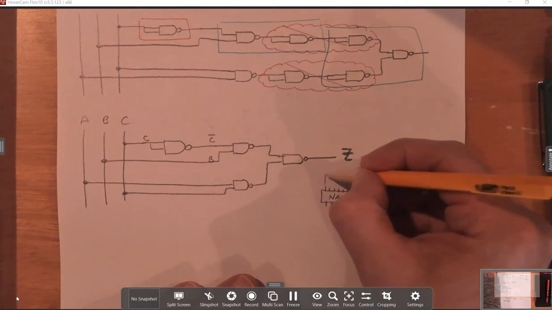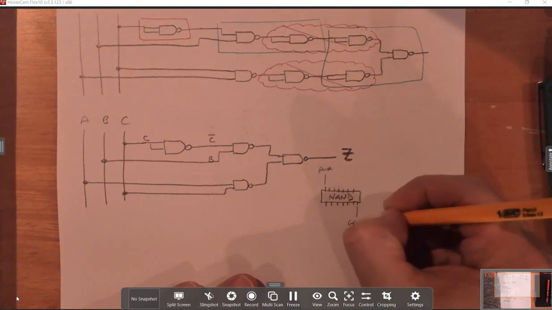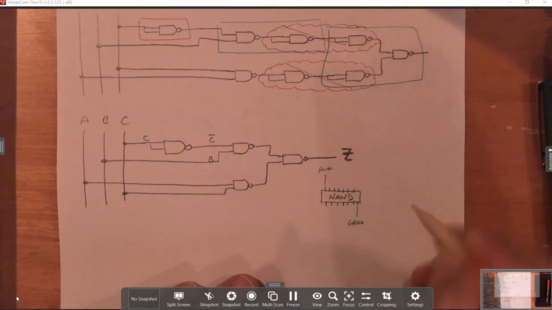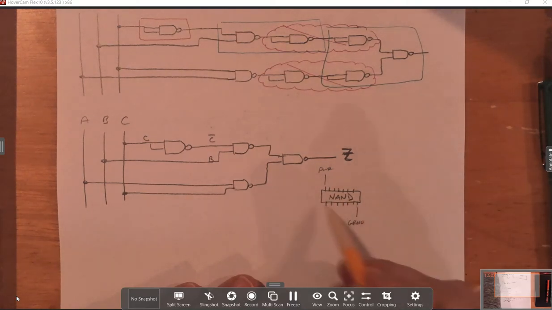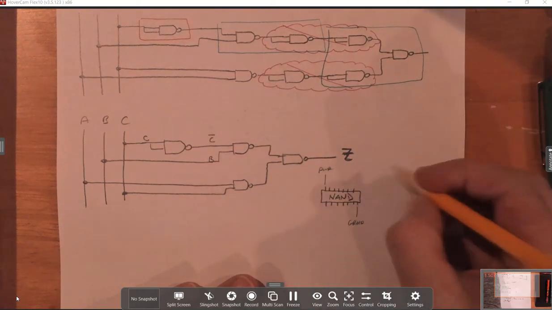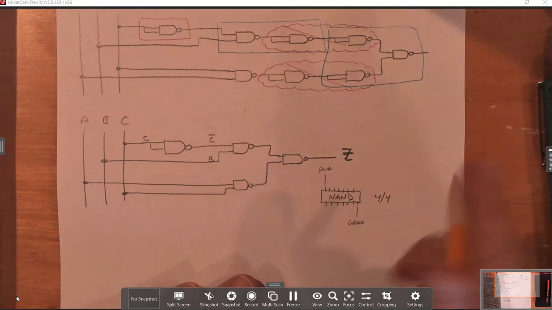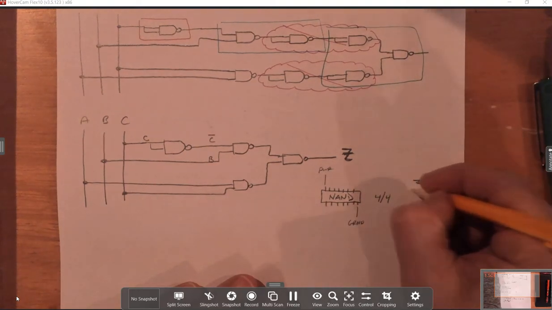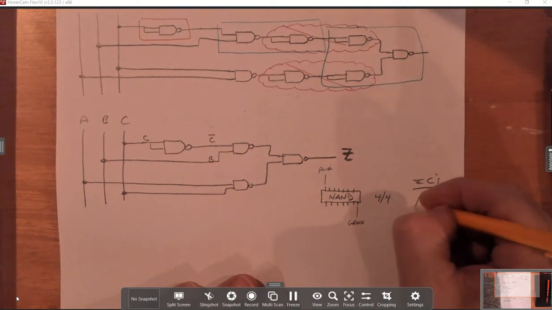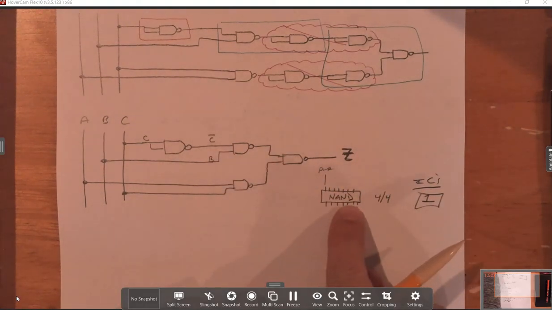Alright, remember, one's power, one's ground. So out of the 14, we're down to 12. 12 divided by 3 is going to be 4. You're going to use 4 of 4 gates built into this 1 chip. And so the ICs, you're going to need exactly 1. And that's it. So using the NAND gates to create the logic, okay, use 4 gates but use 1 chip.